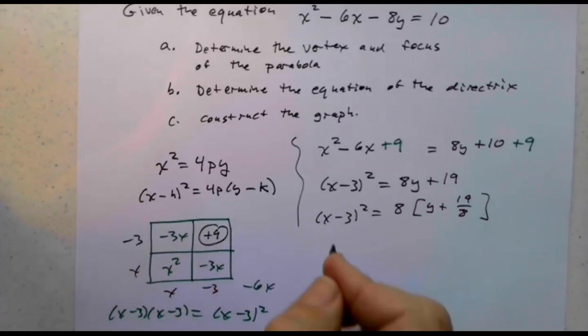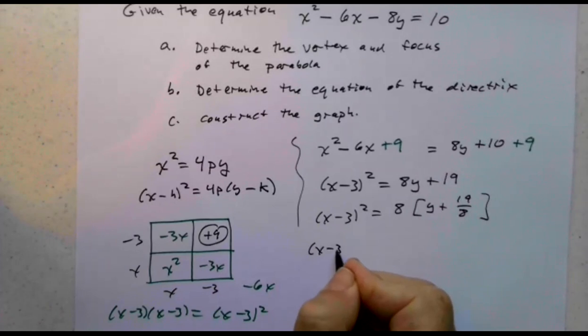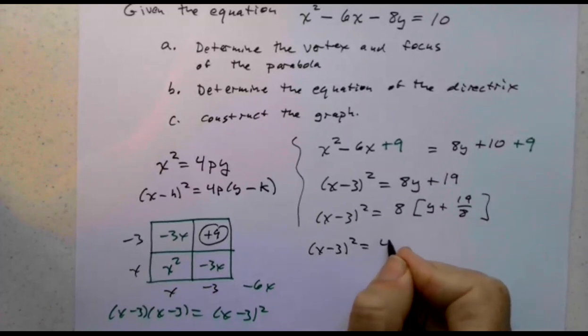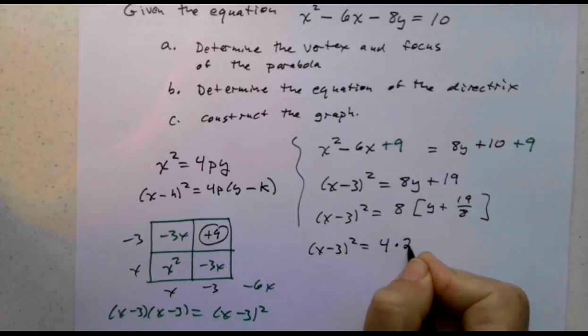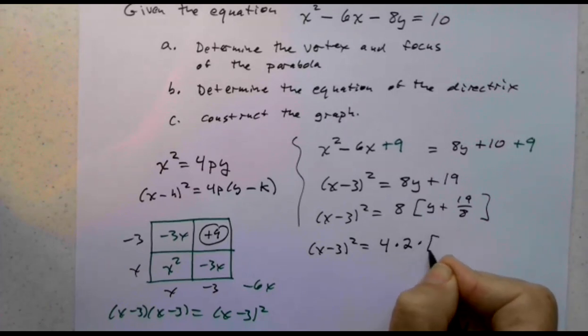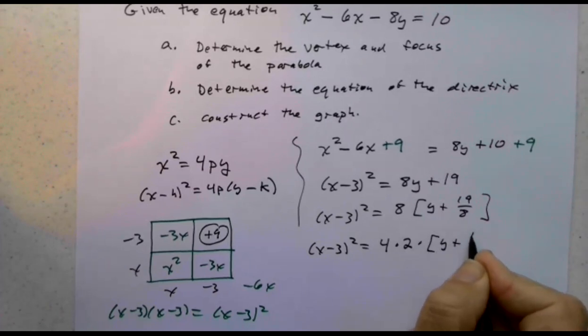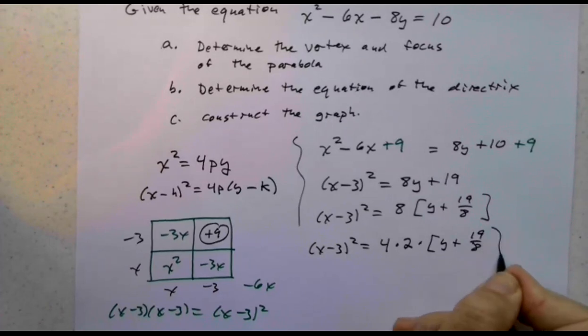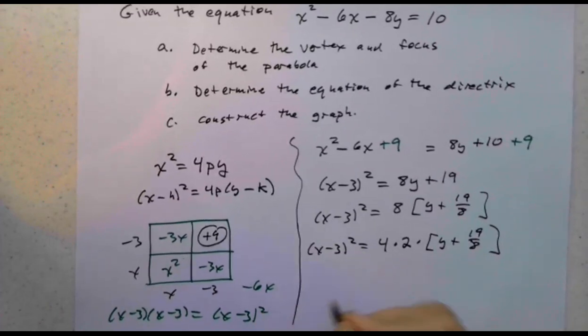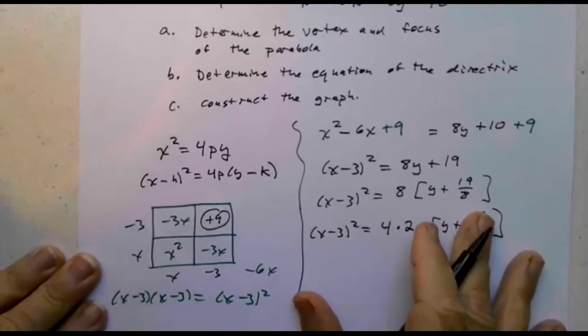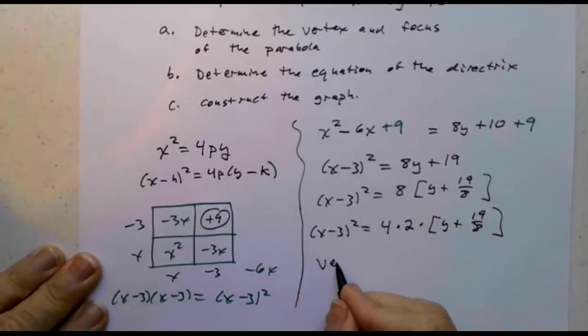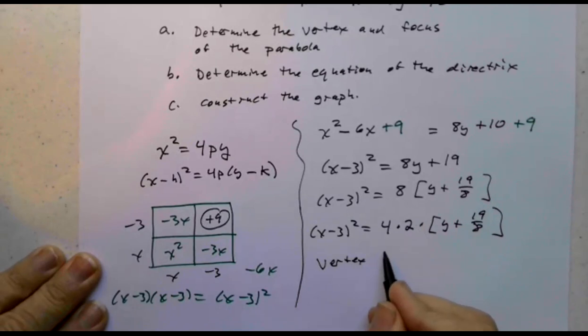Well, 8 is 4 times 2. So (x minus 3) squared is 4 times 2 times (y plus 19/8). If this is correct, the vertex is (3, negative 19/8).